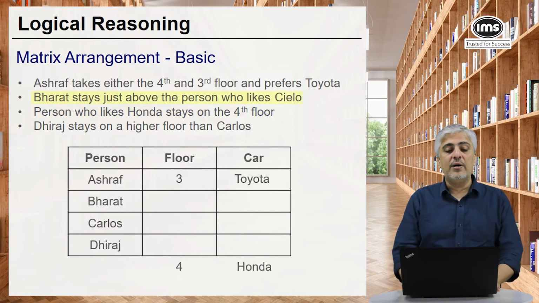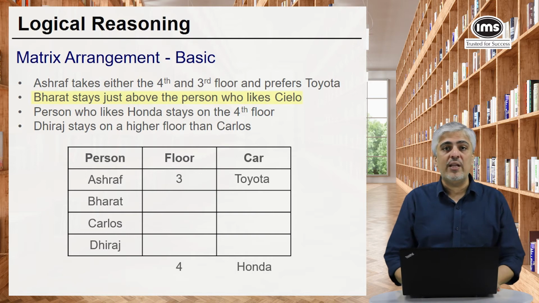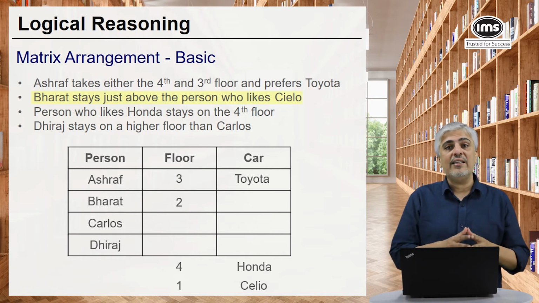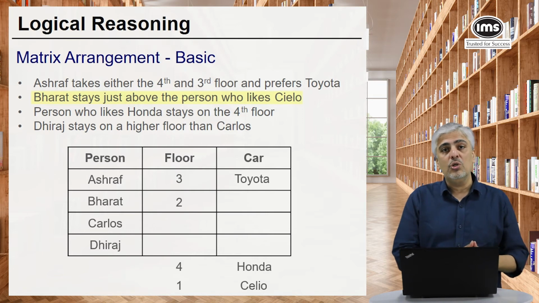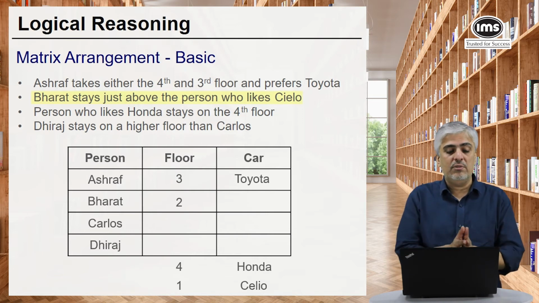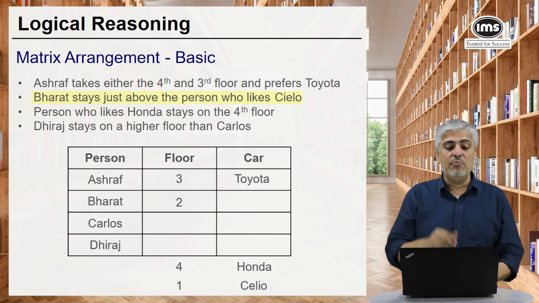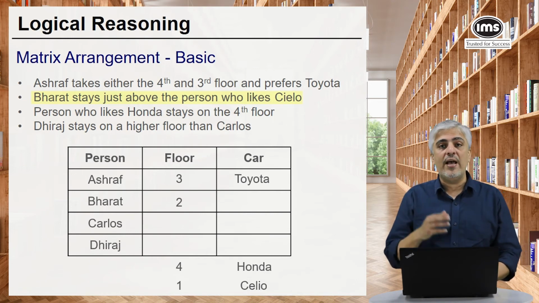Next one, Bharat stays just above the person who likes Cielo. Now, Bharat stays above somebody who likes Cielo. So, Bharat now cannot be on the 1st floor and cannot be on the 4th floor also because the person who likes Honda is on the 4th floor, and Ashraf stays on the 3rd with Toyota. So, if Bharat stays above who likes Cielo, the Cielo has to be 1st floor and Bharat has to be 2nd floor.